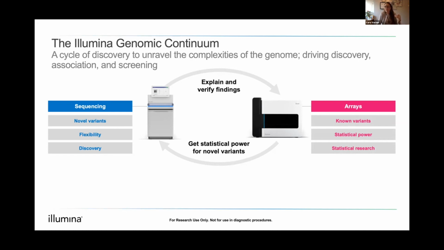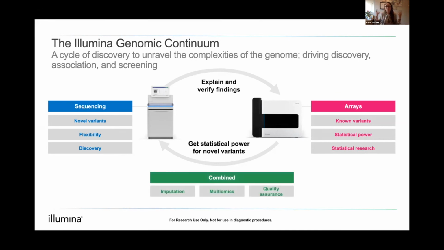And we do have arrays for genotyping. We also have arrays for methylation, and we launched fairly recently a new mouse methylation array. And it's by bringing all those platforms and approaches together with statistical data that multi-omic really comes into its own.